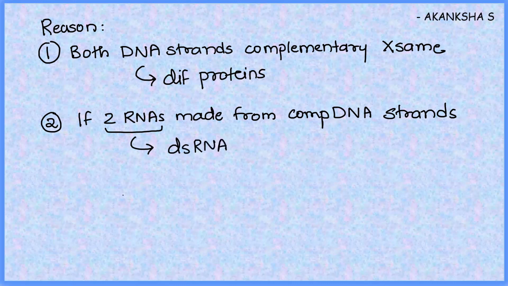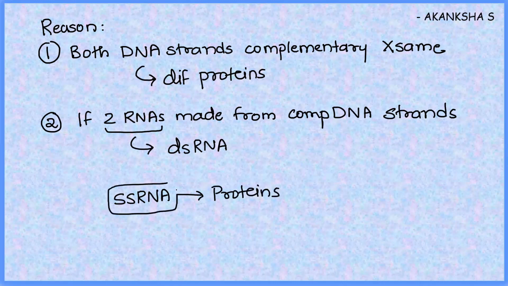And always remember, only single-stranded RNA can help code proteins. Translation will occur only when the RNAs are single-stranded. In double-stranded RNAs, there would be no coding for proteins. Translational activity does not occur with double-stranded RNA.